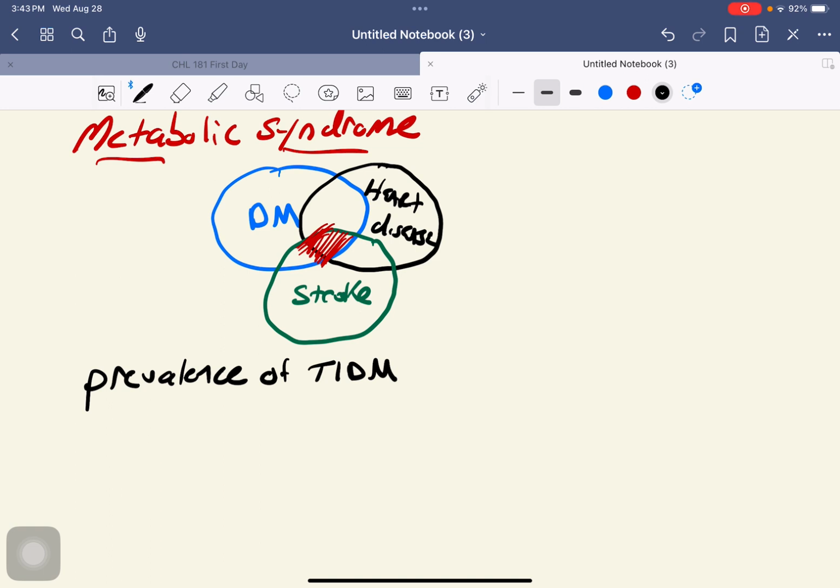Prevalence of type 1 diabetes. It roughly impacts about 5% of the population in the U.S. who have been diagnosed and are living with type 1 diabetes, so it's significant. It is a prevalent condition, 5%.